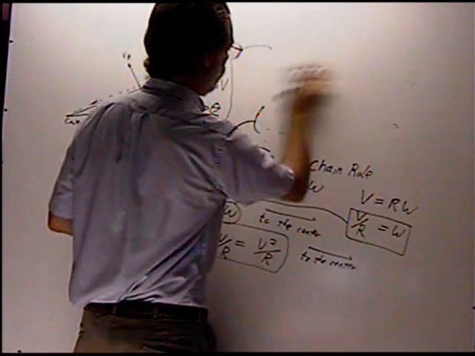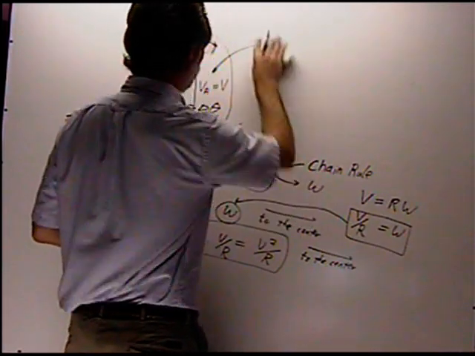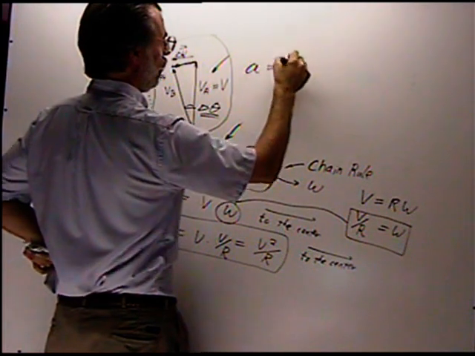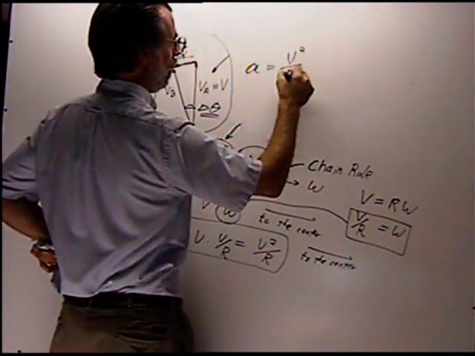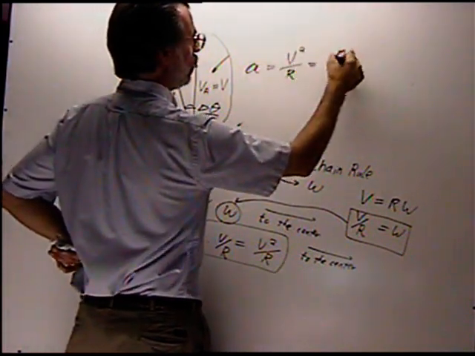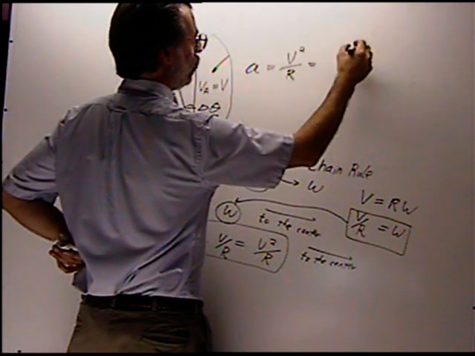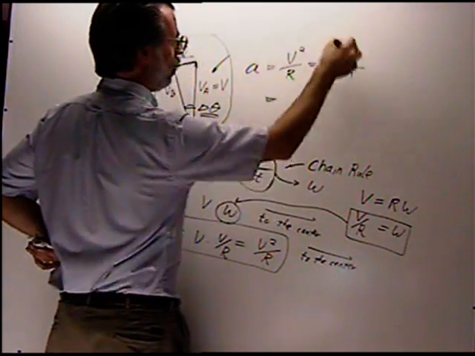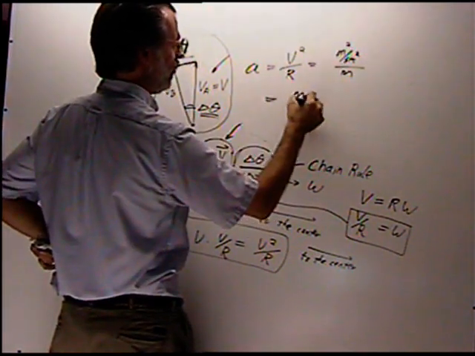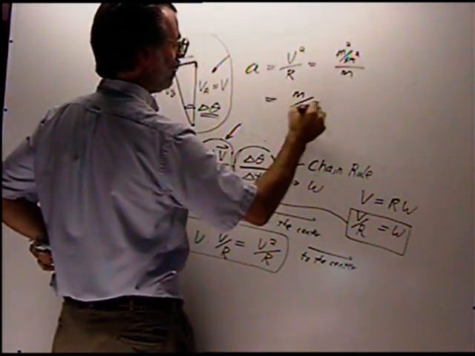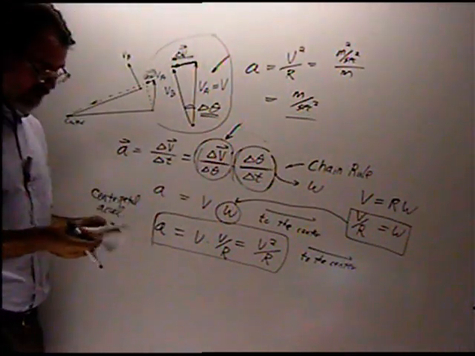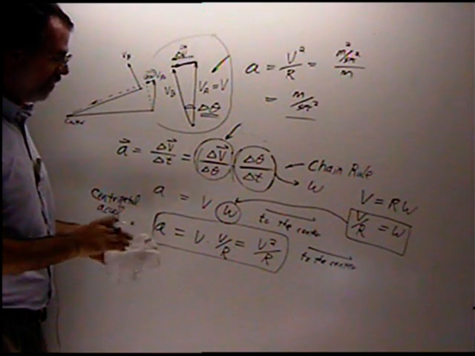The units will be meters squared per second squared divided by meters, so one of these meters will cancel out, which gives us meters per second squared. That's an acceleration term. So the units are right.